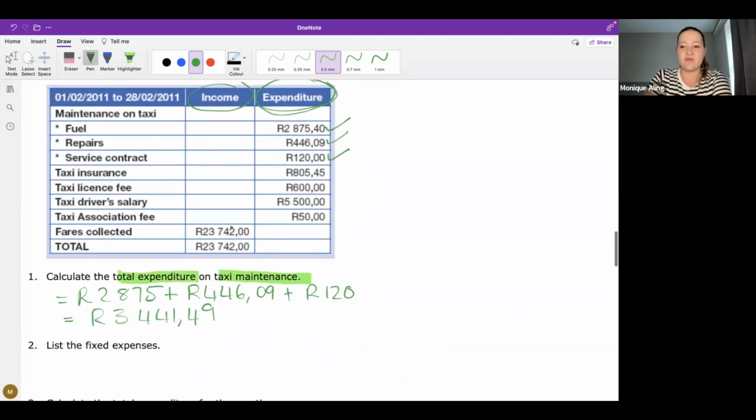Now, a little bit of a recap from the last lesson. List the fixed expenses. I'll give you a clue. There should be 4.